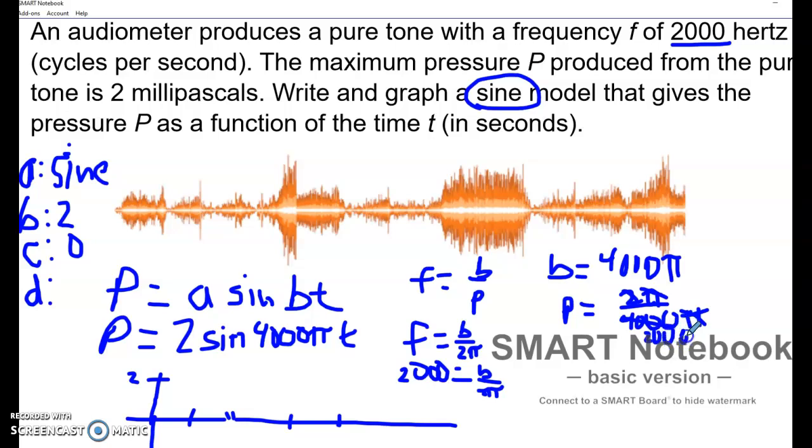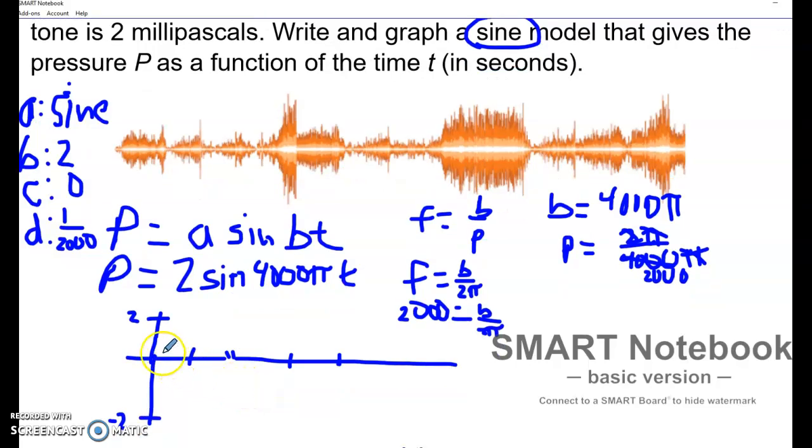So this is 1 over 2,000. So that is the period, 1 over 2,000. That's going to be really helpful when we graph it down here. So I'm just going to think of my sine function, and it's going to go through one complete period at 1 over 2,000. So that's really going to help me when I graph it.